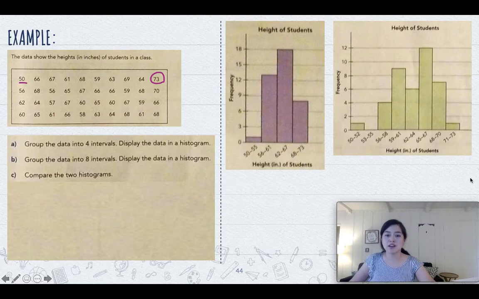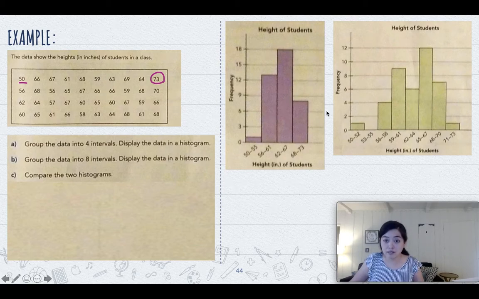And so we can see that the more intervals we have to represent in a histogram, the better it is for us to gauge and interpret the data. Okay? From this histogram, there are fewer intervals, and we can see this is a lot less than the other pieces of data, right?